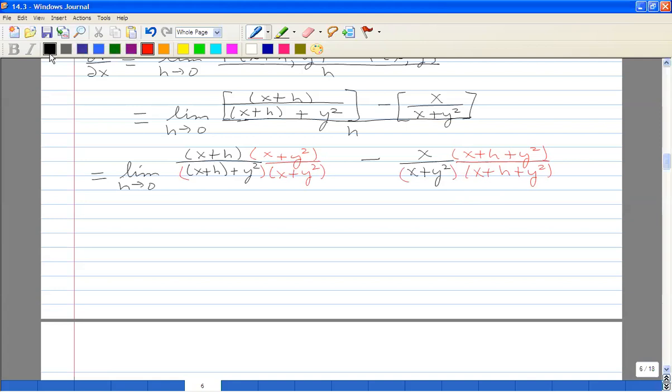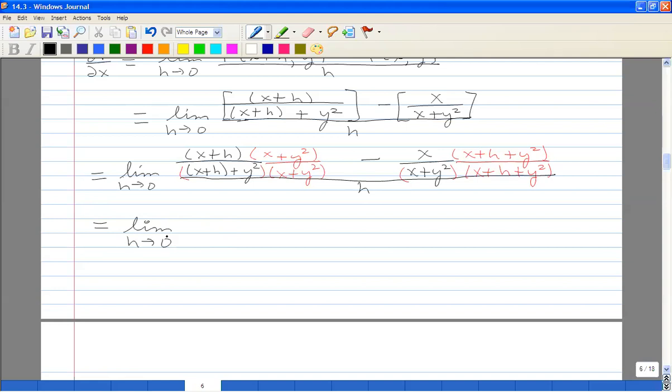Okay, and this is all over h. So this is equal to the limit as h approaches 0 of... oh, and maybe I'll just say this. This is the same as... I can then save some space here.